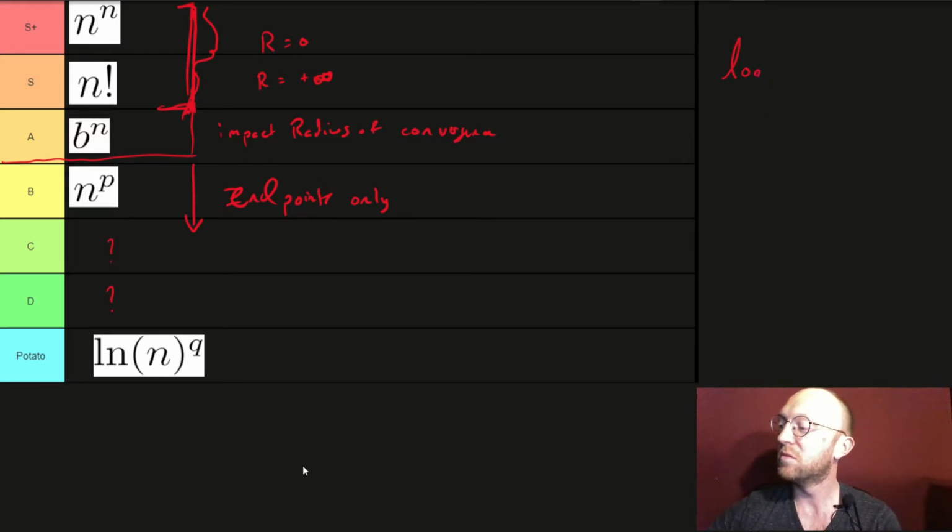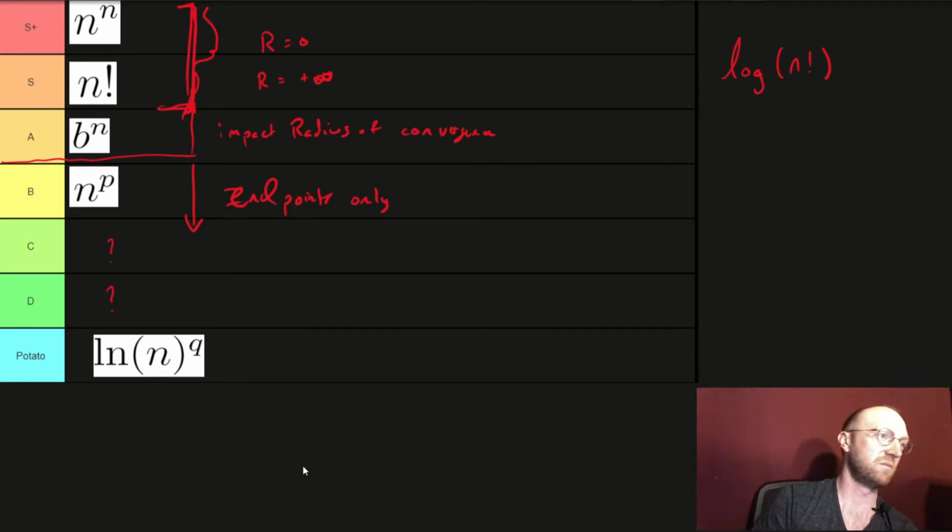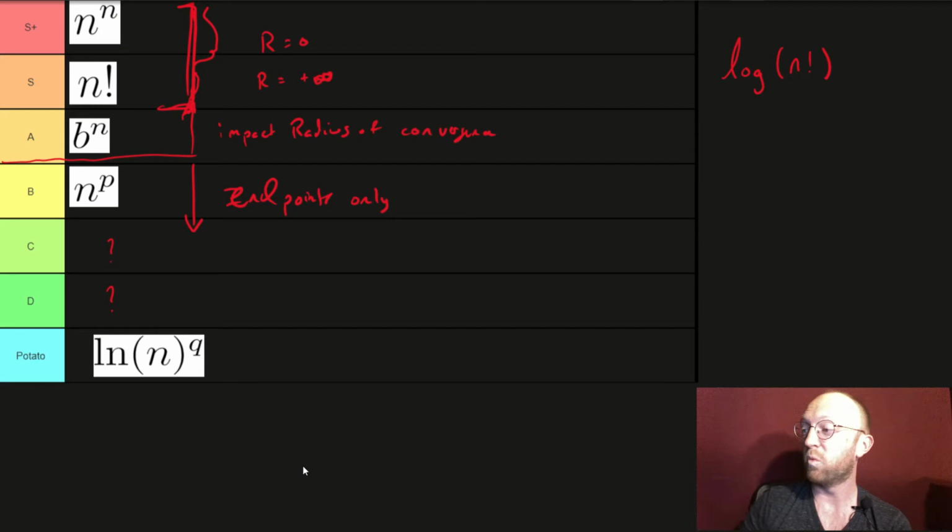Well, what about log of n factorial? n factorial grows amazingly. Let's remember our log laws.